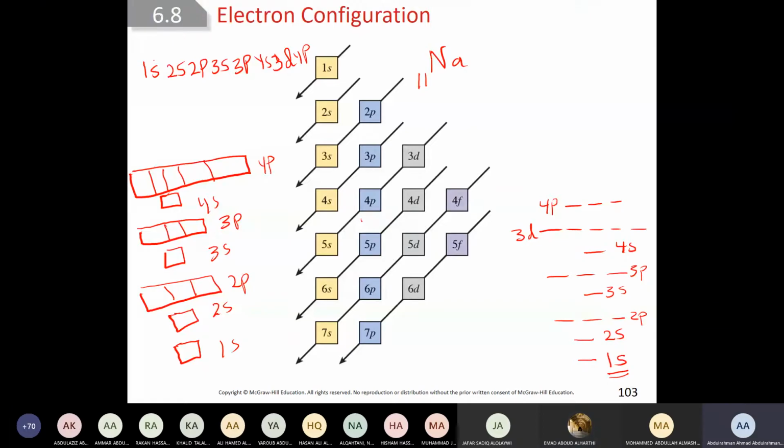I will do it this way just to make it simple. It should be 1s2, 2s2, 2p what? 2p6, and then 3s1, and that's it.